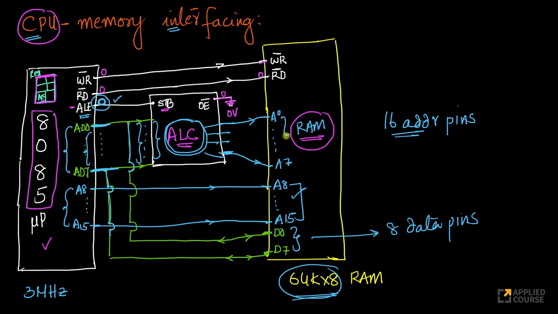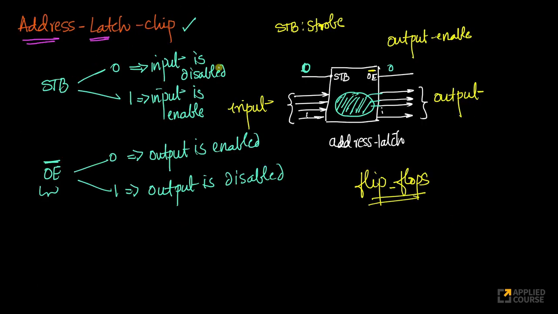But these 8 address pins of the RAM still get the address because the address has already been stored in the ALC. Now when ALE becomes 0, whatever inputs are here are not taken by the ALC. That's what we said, right? When strobe equals 0, the inputs are disabled, which means these inputs are no more read into the memory which is stored here.